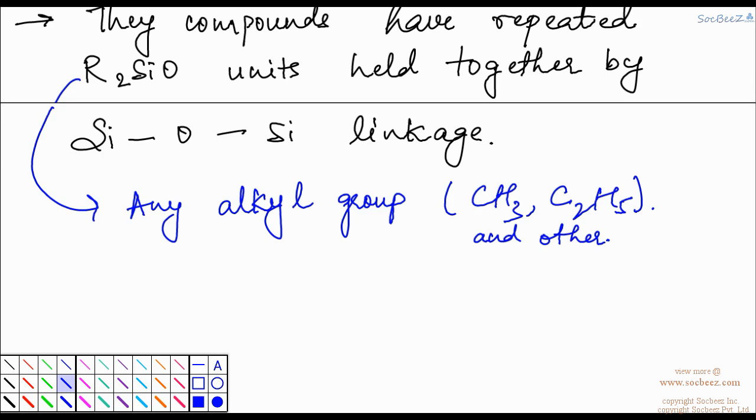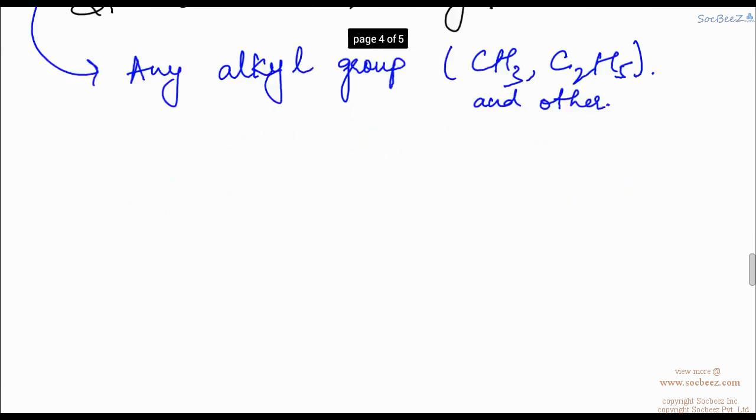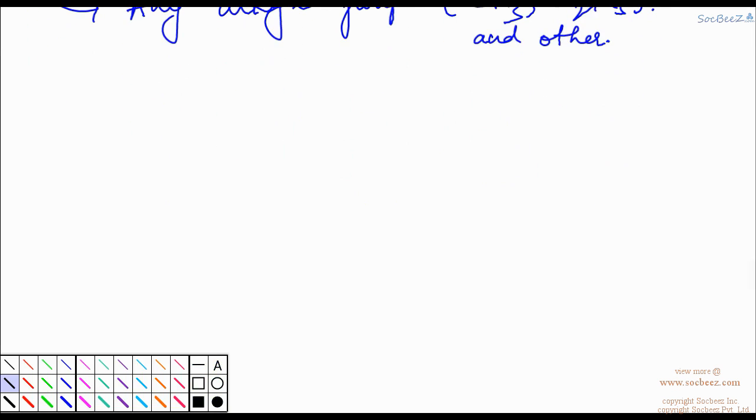Now how do we get these silicones? How do we prepare them? They are generally prepared by hydrolysis. Their method of preparation is hydrolysis.